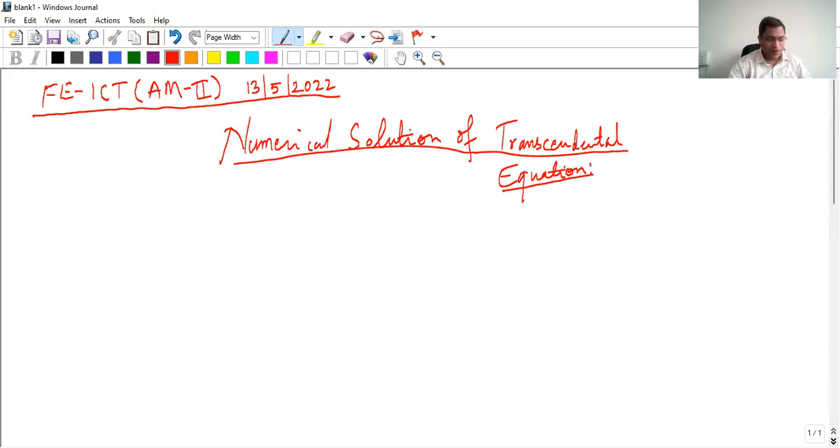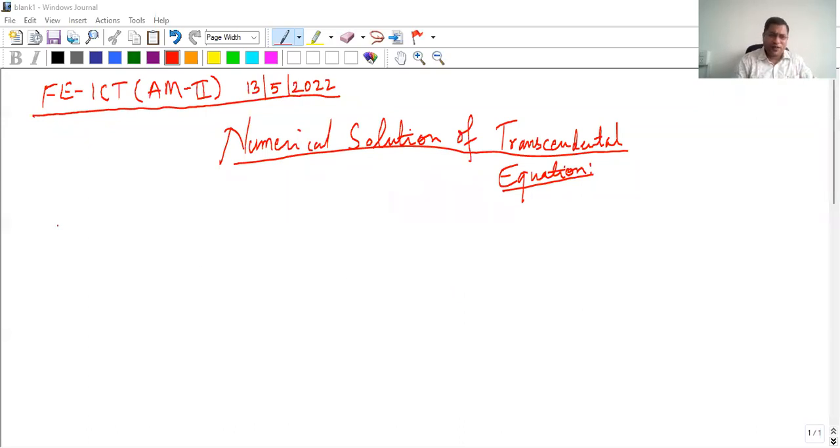The equation which contains these expressions or functions, we call a transcendental equation. In simple words, a transcendental equation contains logarithmic function, exponential function, or trigonometric function. If you find any one of these, then we call it a transcendental equation.